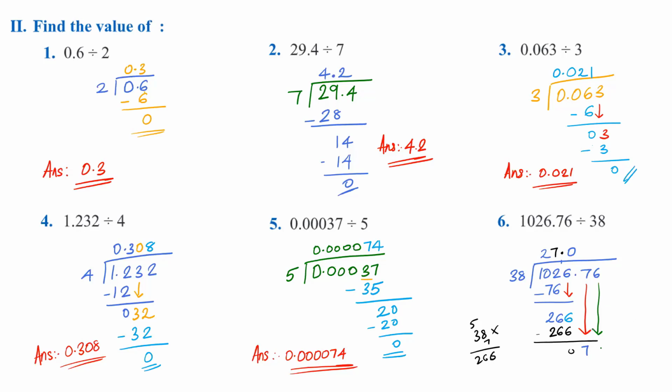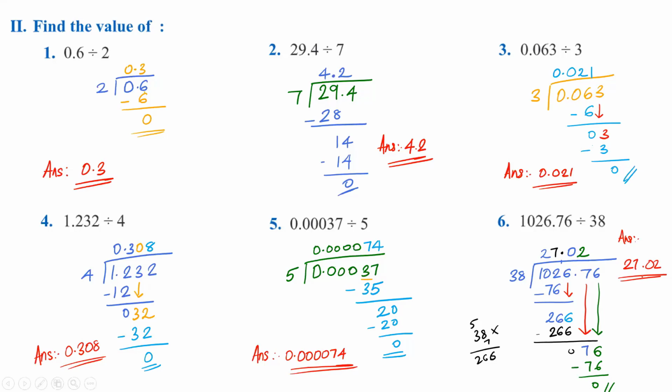So carry down the next number, it will be 76. Now is 76 divisible by 38? Yes, it will be 2. So 76, and if I take the difference, the answer is 0. So what is the answer here? The answer is 27.02.